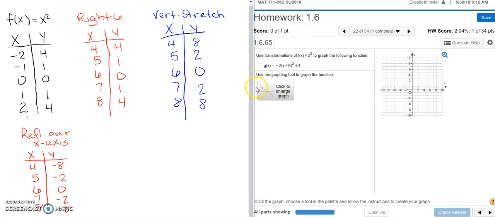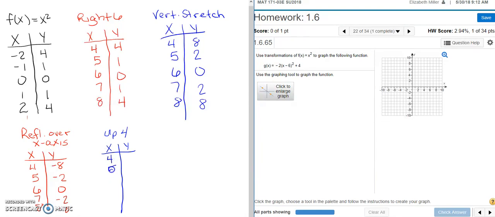All right, last thing, we're almost done. We have to do this up 4. That's always last. Up 4, because that's on the outside, that means it's up or down. And it's positive, so that's up 4. Up 4 also changes the y values. They're all going to go up 4, so I have to add 4 to all my y values.